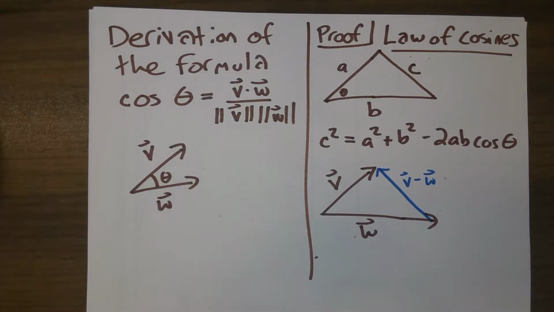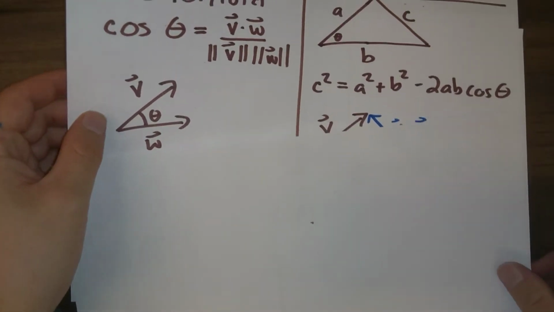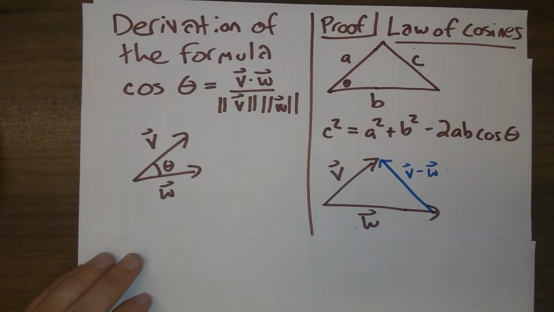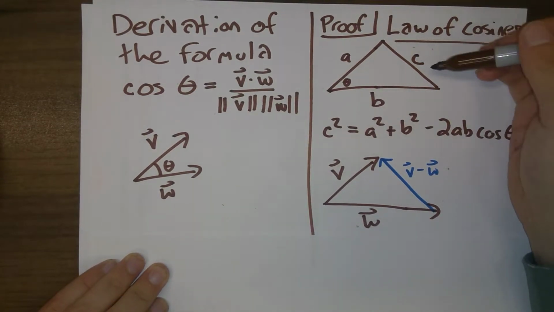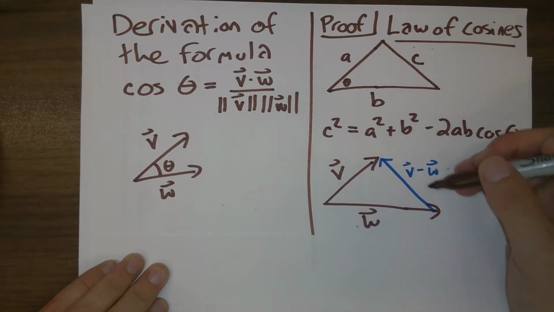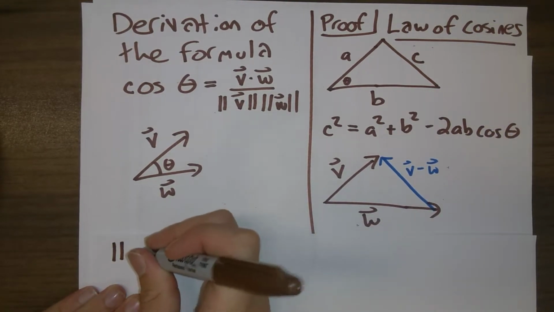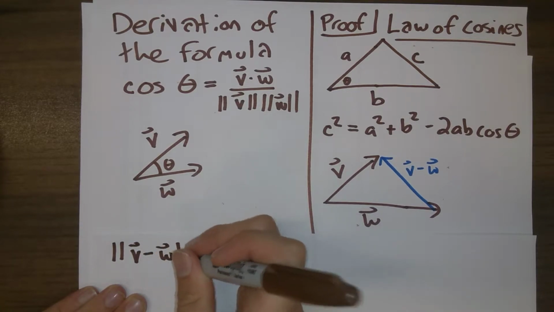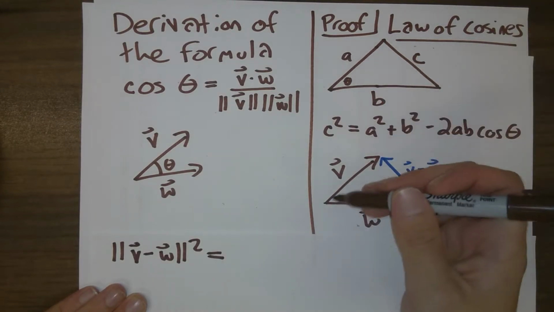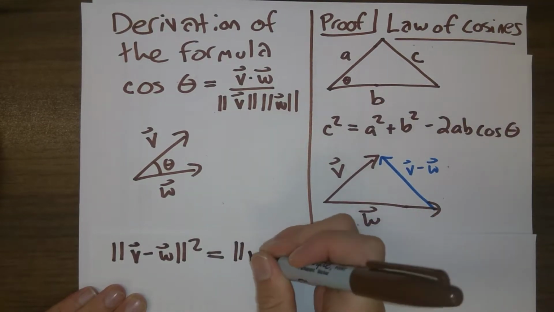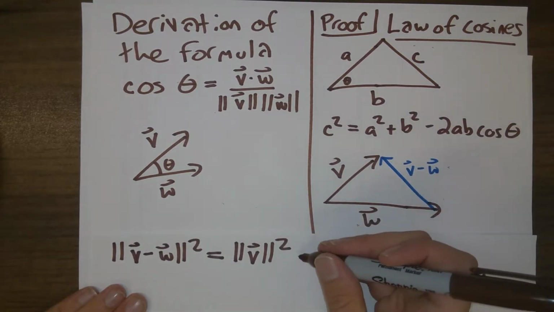And so what that says is, let me get a new piece of paper here all set up so I can write at the bottom. So c squared, well, remember c here is a length, it's the length of v minus w. So that's going to be the length of v minus w, all of that squared, is equal to, so we're identifying a with the length of v. So that's the length of v quantity squared. We're identifying b with the length of w.